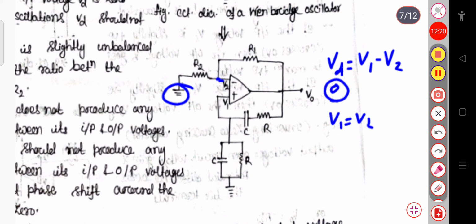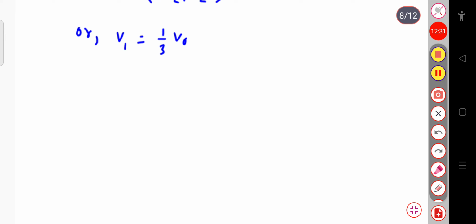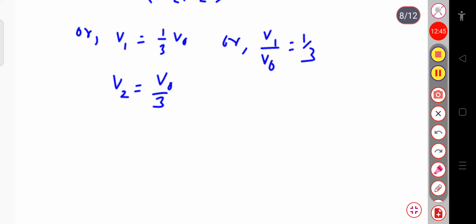When we consider the differential voltage is 0, that is V1 equal to V2, by applying the virtual ground concept in this expression we can write, since V1 equals 1 by 3 of V0, also V2 will be equal to V0 by 3. This equation can be written as V1 by V0 equal to 1 by 3, and also V2 by V0 equal to 1 by 3. Okay, this is your equation number 6 suppose.